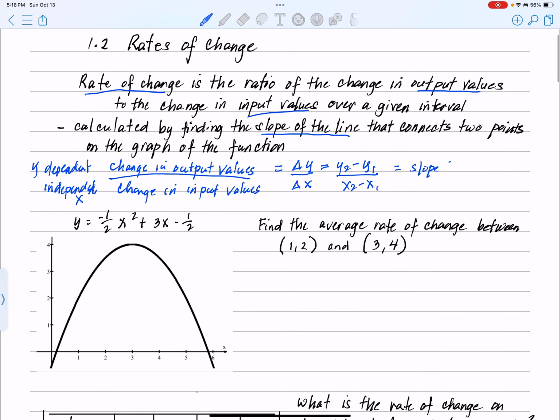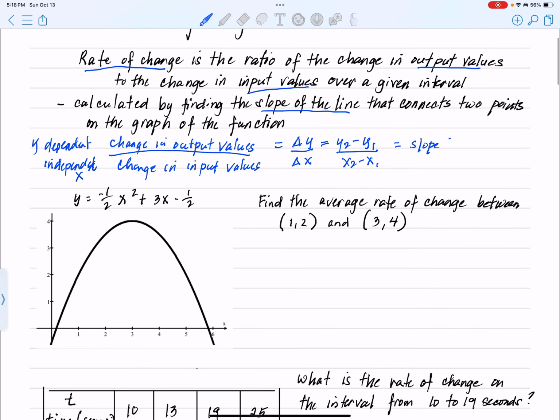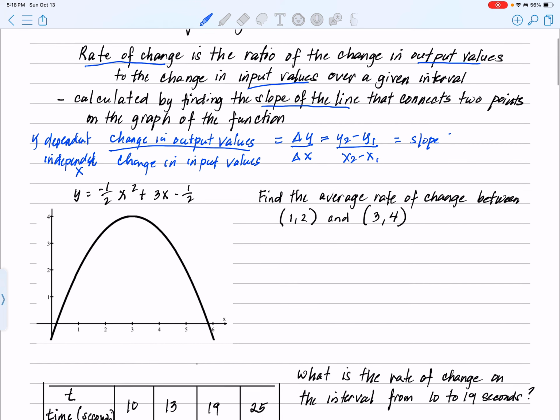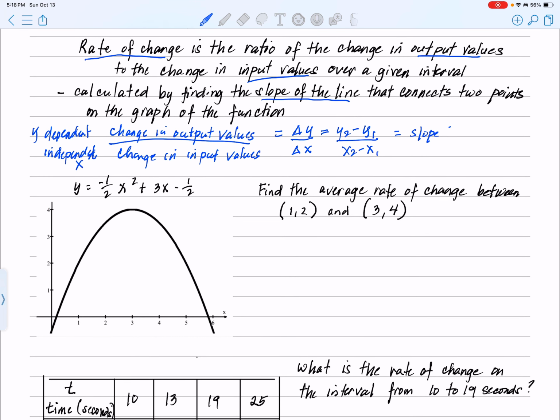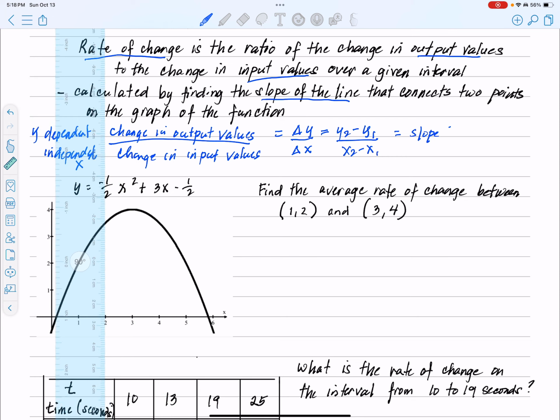Now, for example, you're given a graph here. You're asked to find the average rate of change between the points 1, 2 and 3, 4. So we'll try to find that point here in the graph. It's 1 in x and 2 in y.